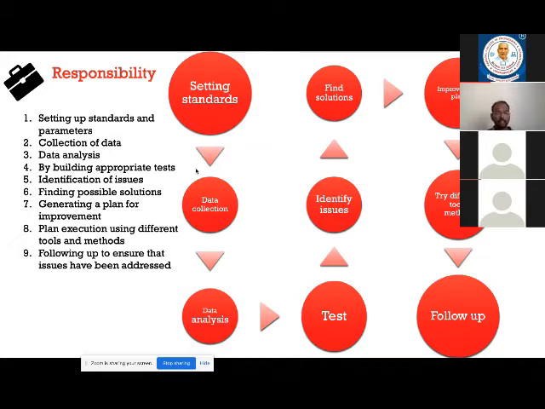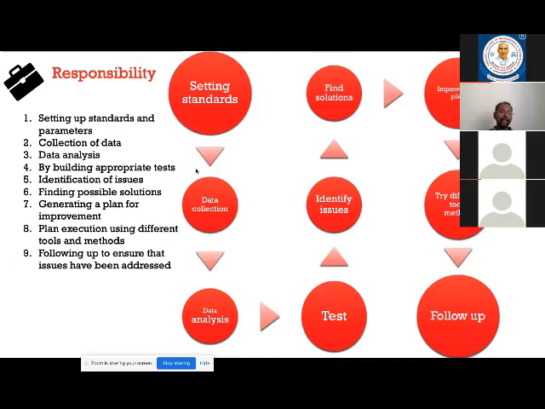Next, collection of data. You collect the data that you have seen and you analyze it. Business intelligence is where we learn about customer usage, but here it's more about a product's behavior over a period of time: how those data points show I have a certain number of defects in a specific area, and how I can reduce those defects in that specific location or functionality.